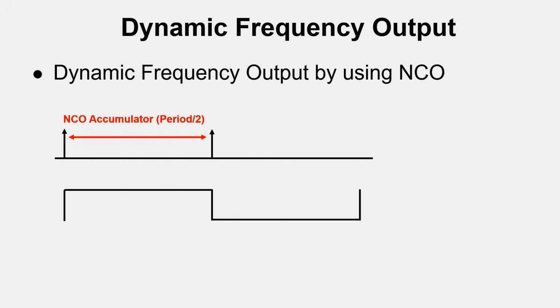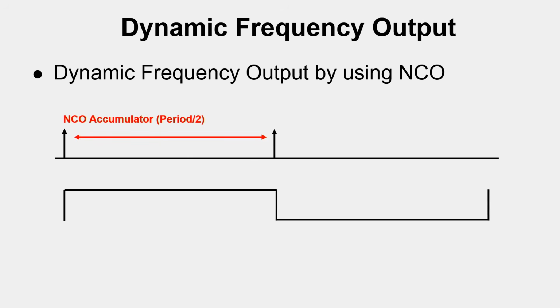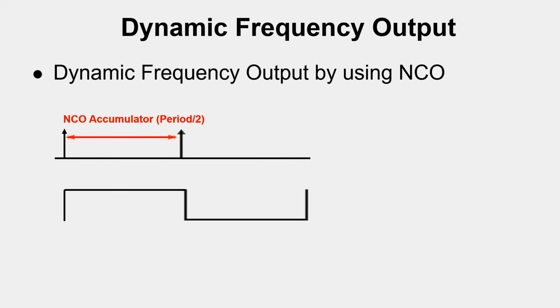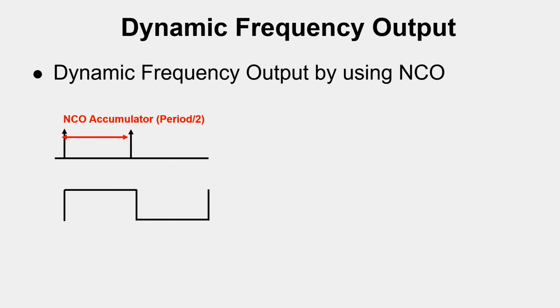But if you're using the NCO, it's a different story, because the NCO can do a 50% duty cycle output, which is essentially a square wave with a dynamic change of your frequency. With NCO, all you need to change is the NCO accumulator, which is just one element, to change the period or the frequency dynamically.